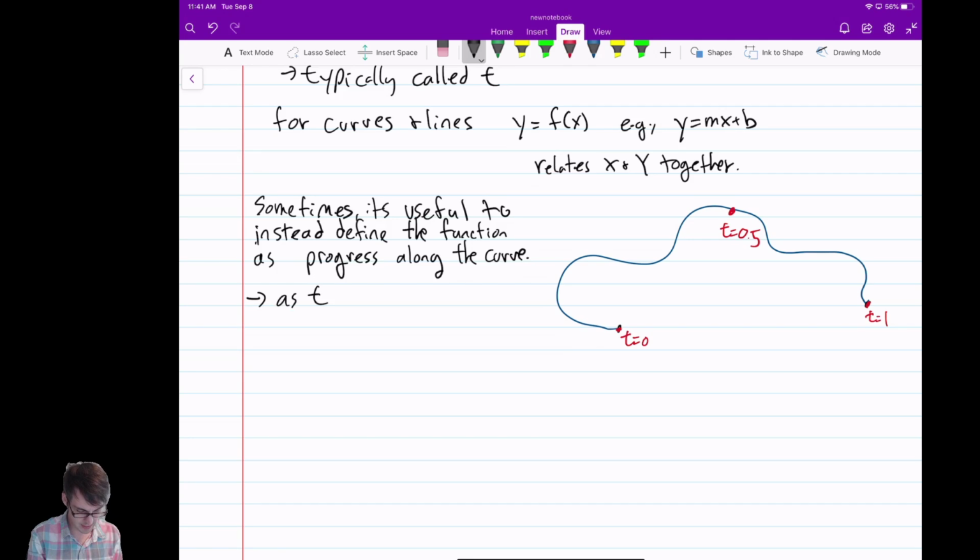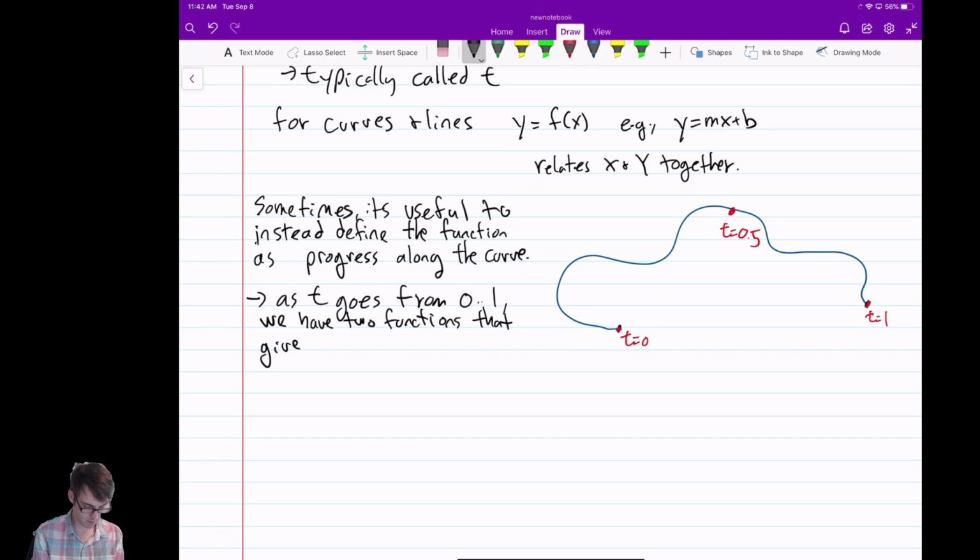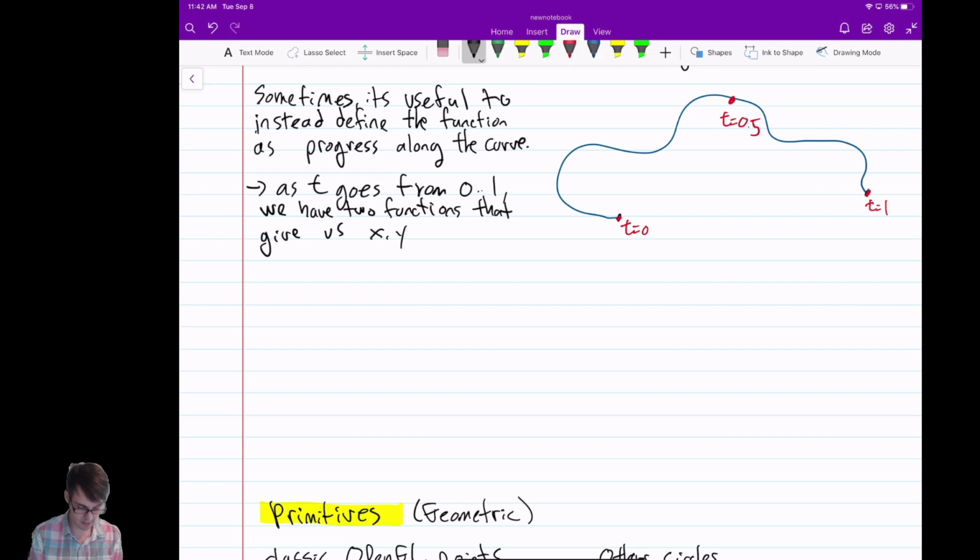So as t goes from 0 to 1, we have two functions here that give us x and y. So instead of having y equals mx plus b, or y equals, in this case, some function of x, some complicated function with roots and squares, I want x equals some function of t, and I want y to equal some other function of t.